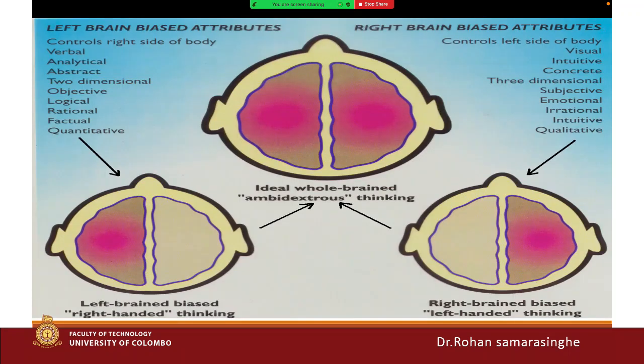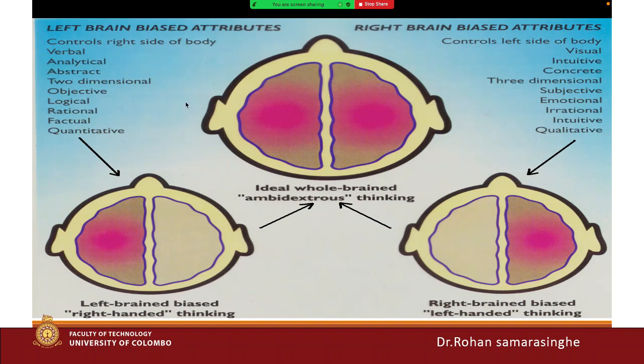And when you consider your brain, the brain can be divided into left and right. Left brain bias attitude, right brain bias also. Here you can see the left brain controls the right side of the body, and the right brain controls the left side of the body.